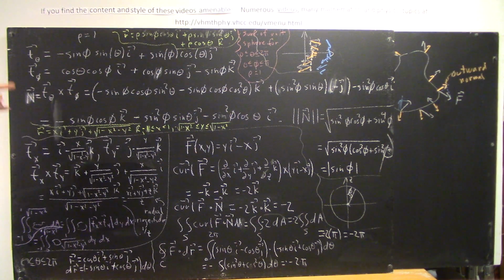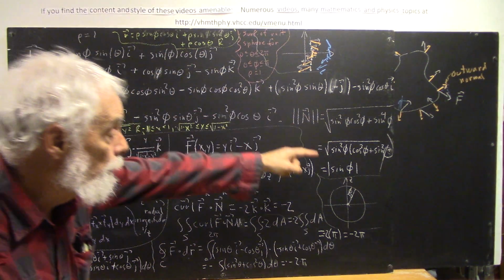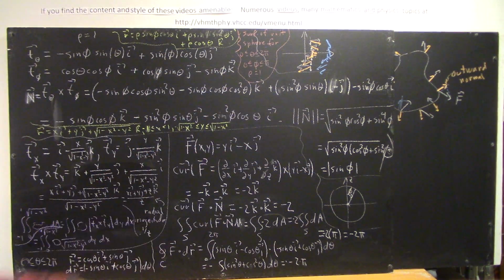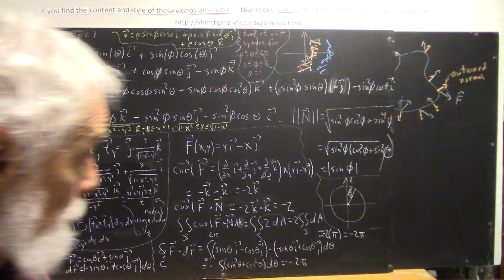Okay, so right now you see how this parameterization gives you this normal vector and this magnitude of the normal vector, and this parameterization gives you a different magnitude of your normal vector, which just turns out to be 1 over the square root of 1 minus x squared minus y squared. We'll get that when we come back to this.